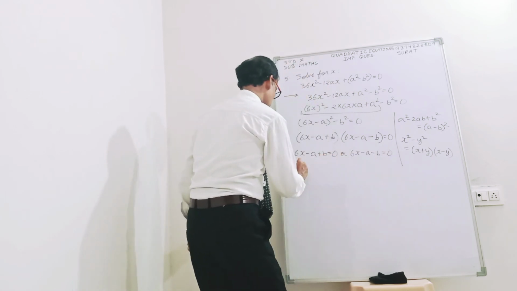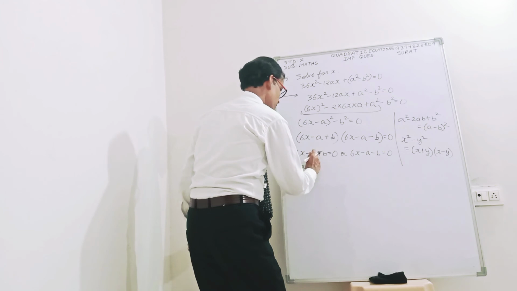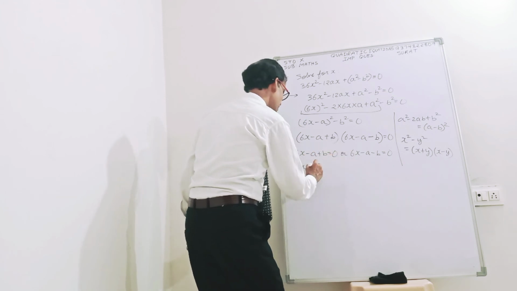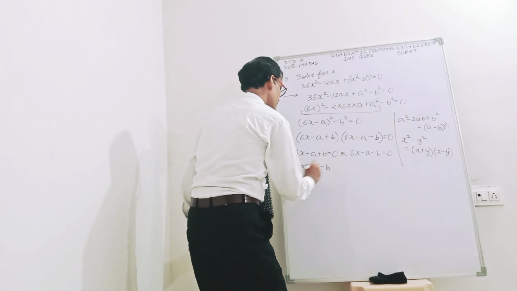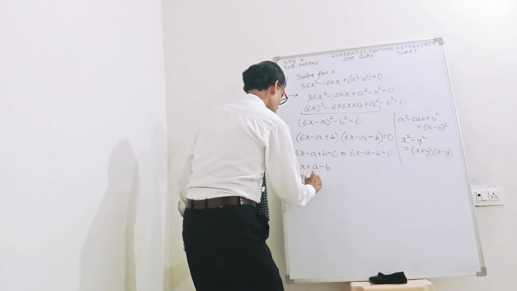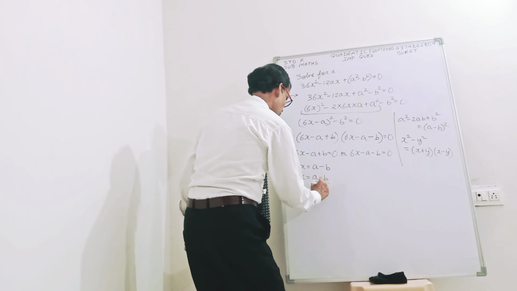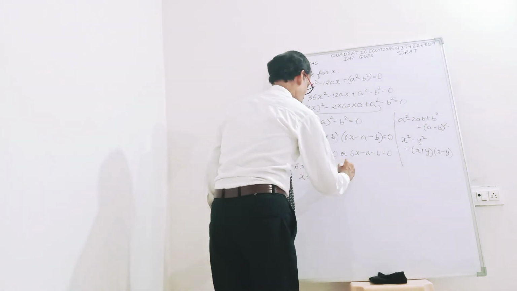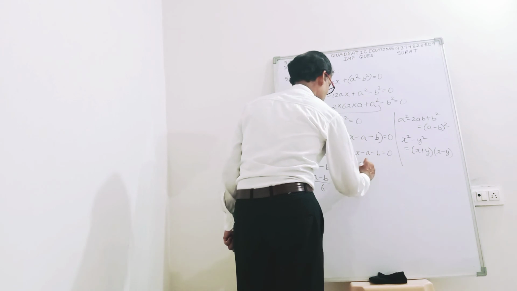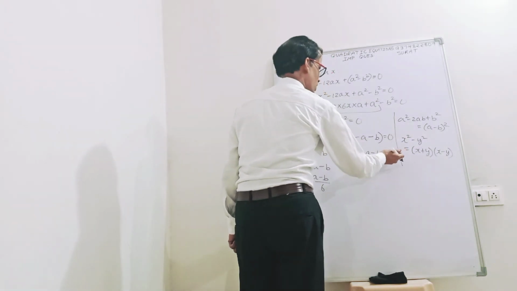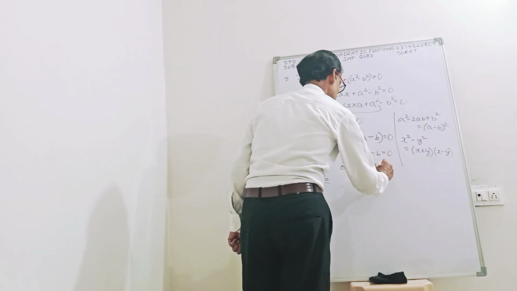So from this what we get, 6x equal to, take a and b to the right side and change the sign. When you take to the right side you have to change the sign. X equal to a minus b upon 6. Or from this what you get, 6x equal to, again take to the right side and change the sign.